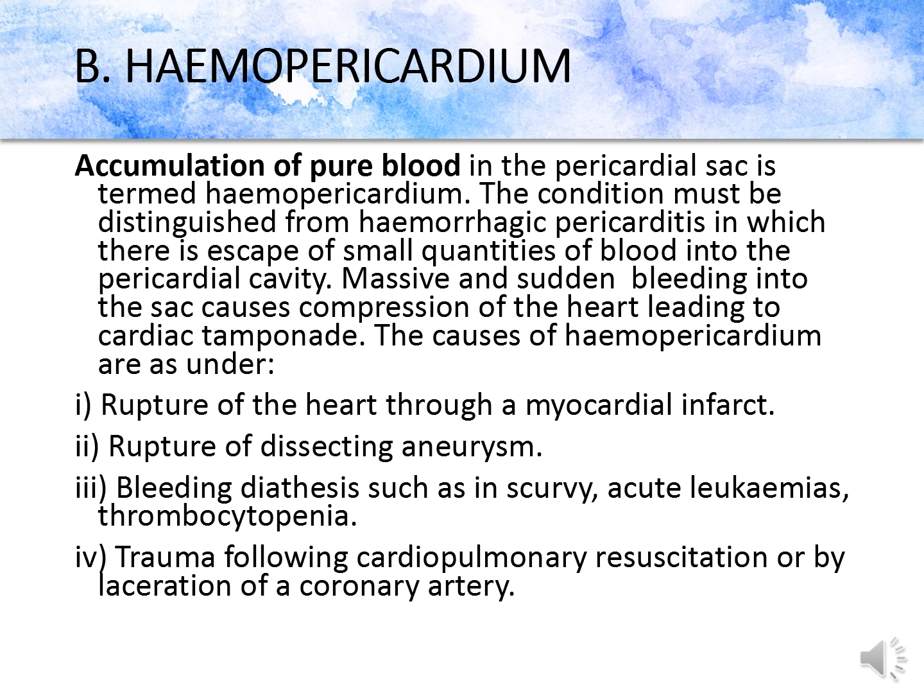The causes of hemopericardium are like rupture of the heart through myocardial infarction, a rupture of dissecting aneurysm, bleeding diathesis such as scurvy, acute leukemia, thrombocytopenia, trauma following cardiopulmonary resuscitation or by laceration of a coronary artery.